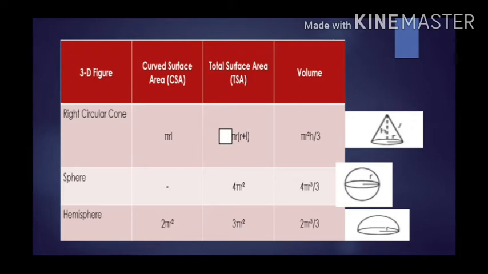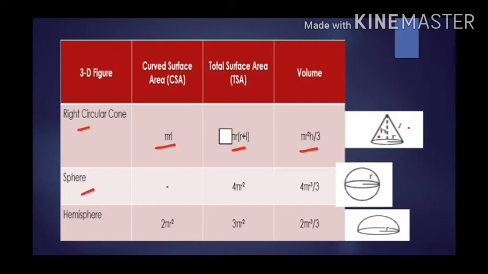Now for right circular cone, if the radius is r, height is h and slant height is l, then curved surface area will be pi r l, total surface area will be pi r into r plus l, and volume will be 1/3 pi r square h.